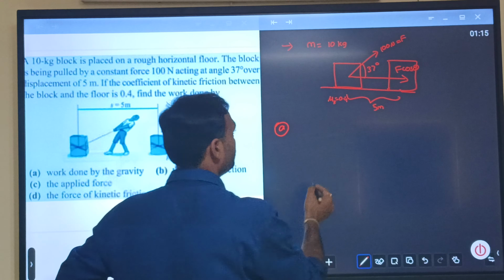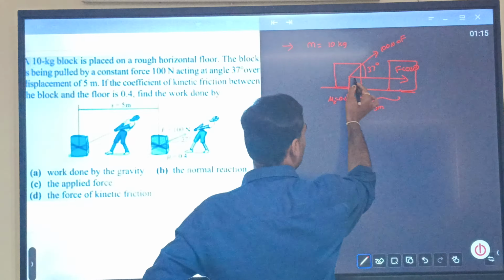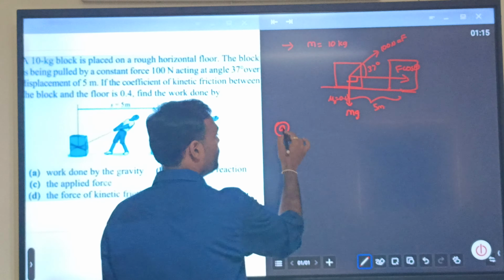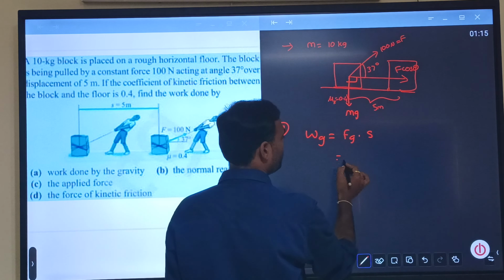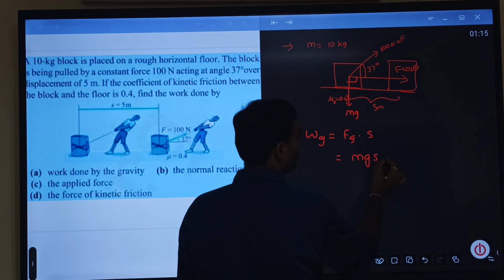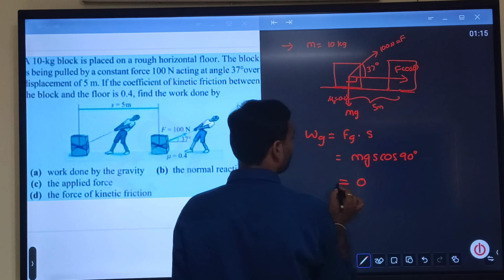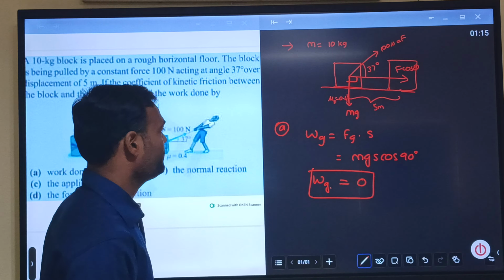Now, work done by the gravity: mg will act in this direction and displacement is in this direction, and the angle between these two is 90 degrees. Work done by the gravity is equal to force due to gravity and displacement, that is mg cos 90 degrees. So it will be 0. Work done by the gravity is equal to 0. First point.